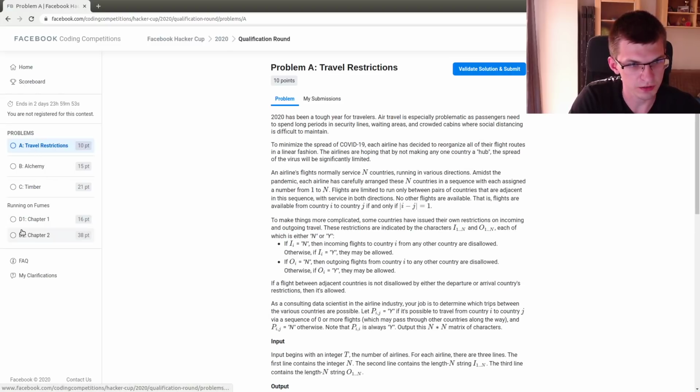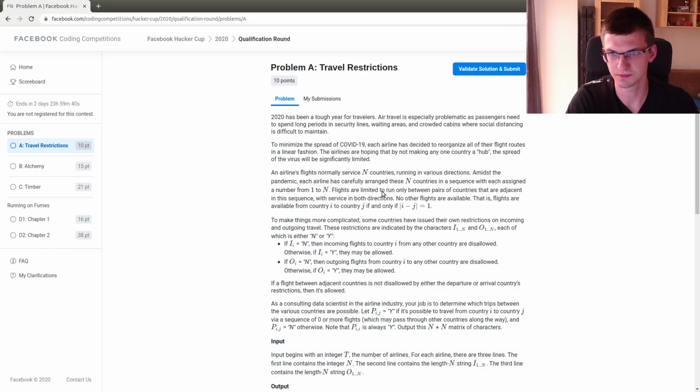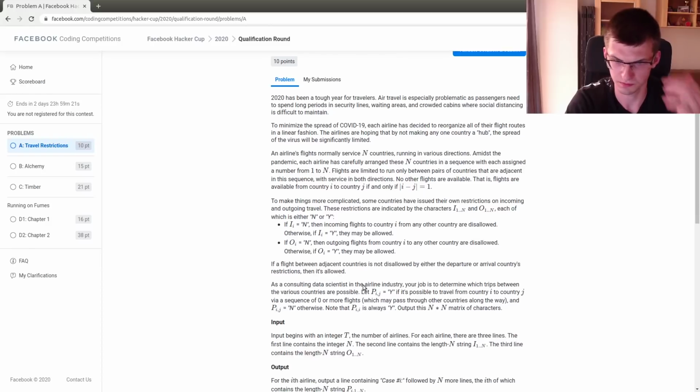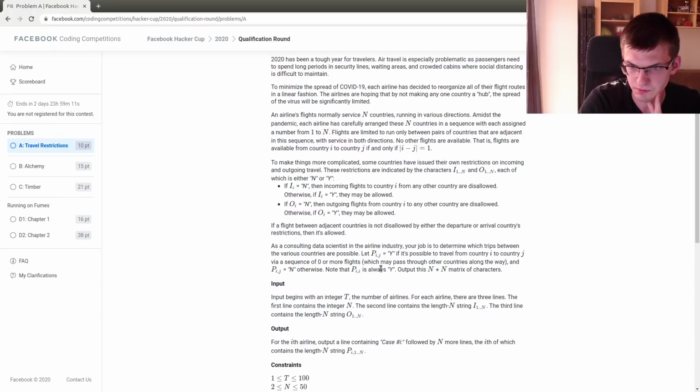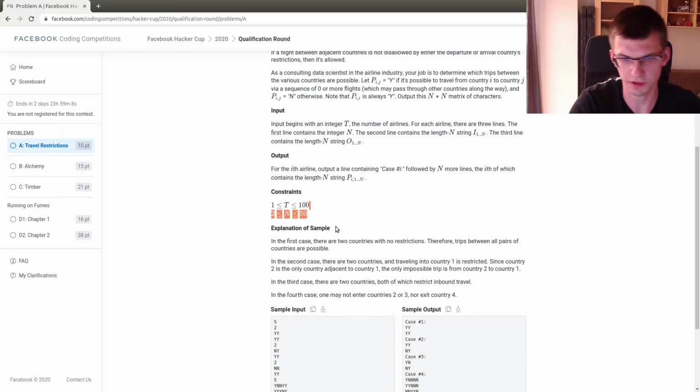Problems. Why are there, okay, like subtasks. Blah blah blah, the statement starts here. The constraints are very low.